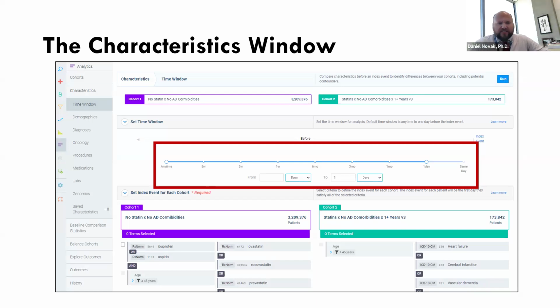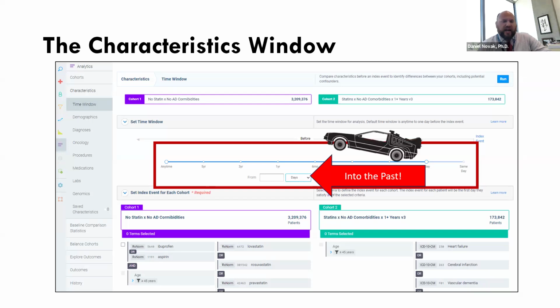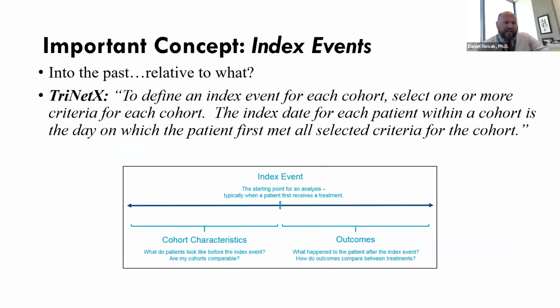So this allows us to set a backwards look at our folks using our time machine. We can peer into the past of the person's health record. And that index event allows us to relate cohort characteristics from the past to outcomes in the future. Again, we can't make causal inferences, but we can make more and stronger and better correlational inferences based on that, or measures of association, we might say.